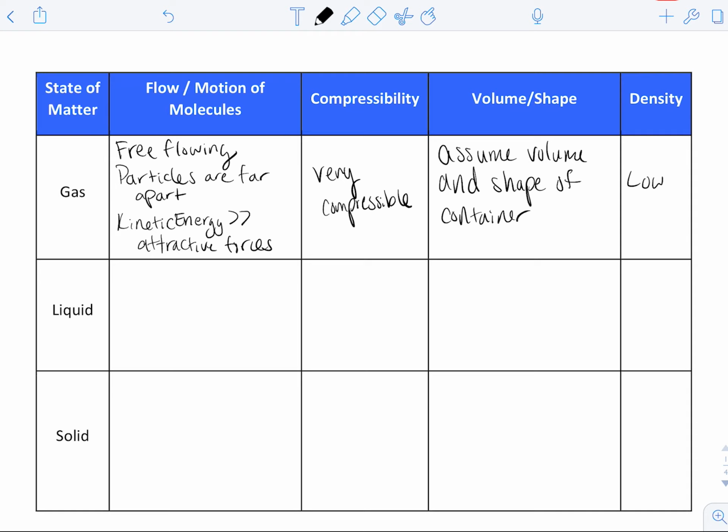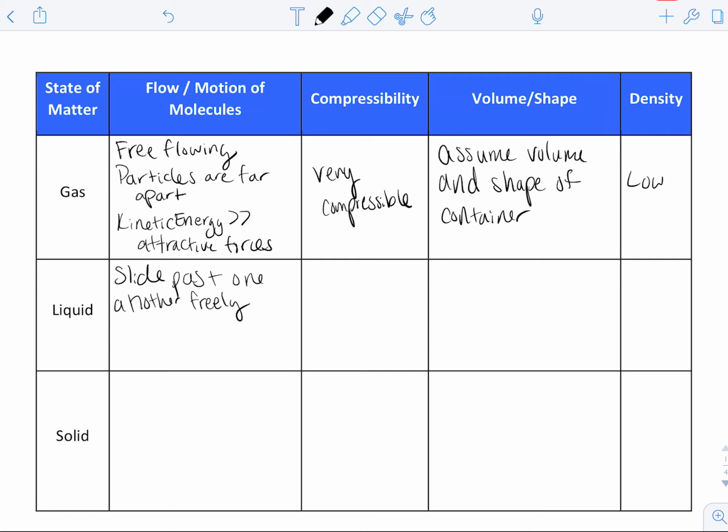Next, we'll look at a liquid. Liquids, they're still pretty free-flowing. You're going to have your particles sliding past each other. So they're going to slide past each other freely. And here we do have attractive forces, right?